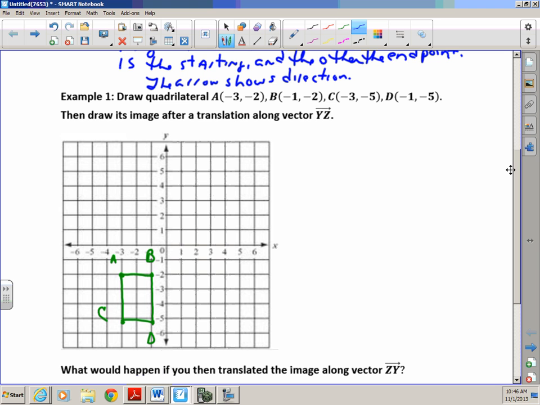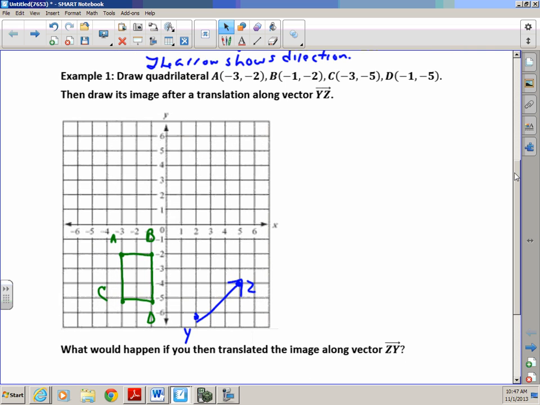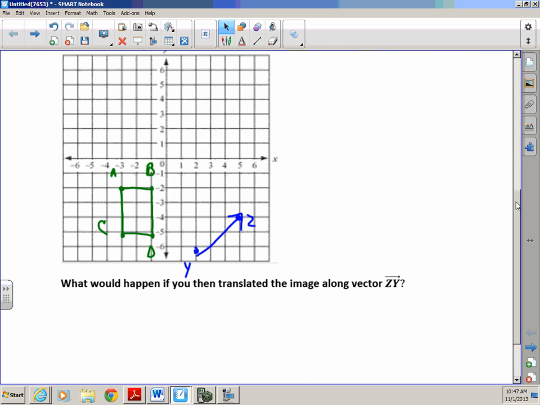And YZ is located here. There is Y at the coordinate (2, -6), and Z is at the coordinate (5, -4). I have to tell you the vector, Y and Z. It's not something that you just figure out for yourself. You have to be told what the vector is.